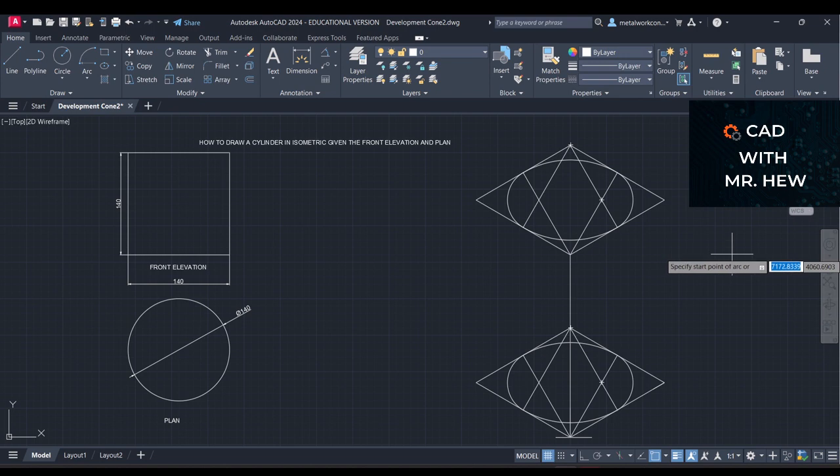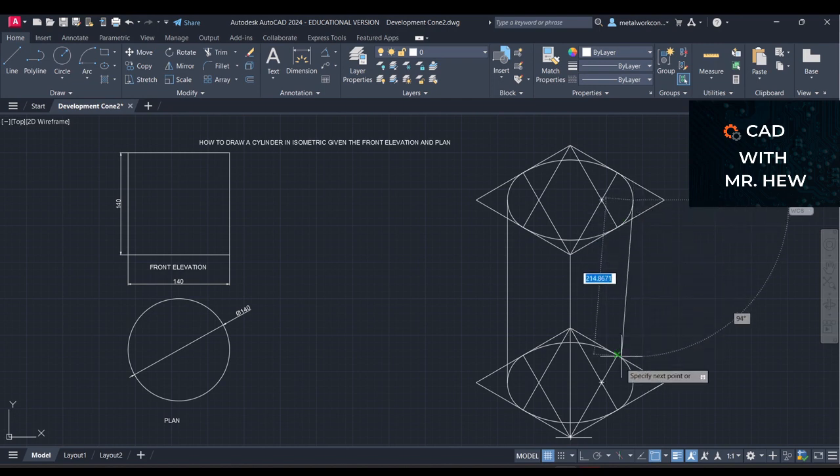All right, what we're gonna do to complete the cylinder, we'll just draw a vertical line here to there. Good. Then there to there. And this would be our cylinder. All right.